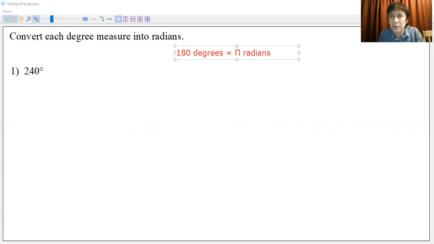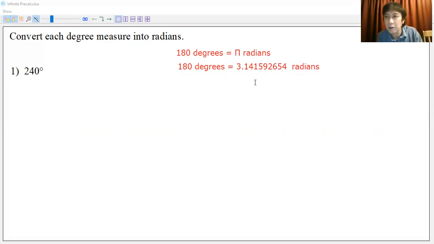Pi radians is equivalent to 3.14, so this is the same as 180 degrees, which is equivalent to 3.141592654 radians. This will be used in converting from degrees to radians, also from radians to degrees.